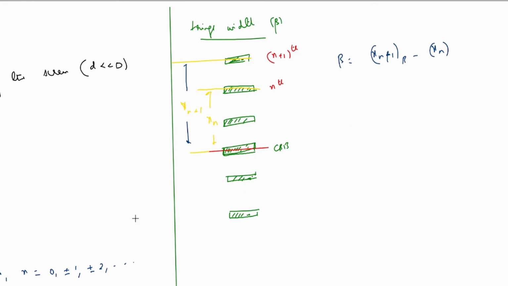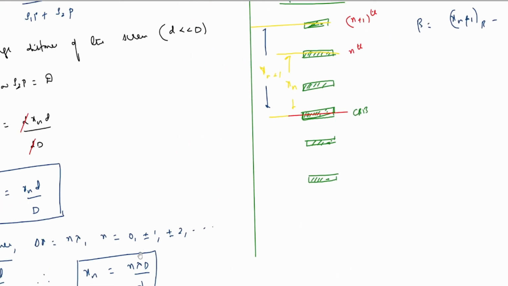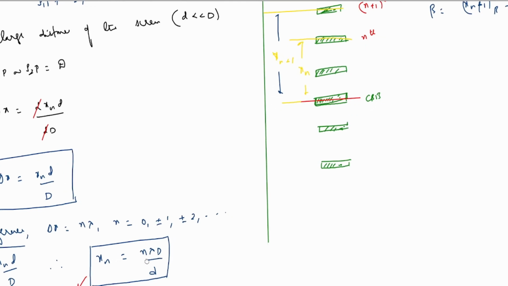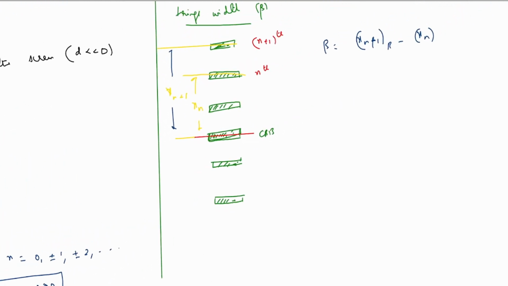Now recall that xn for the bright band is given here as n lambda D by small d. So beta is equal to (n plus 1) lambda D by small d, because the band here is the n plus 1 band, minus n lambda D by small d.